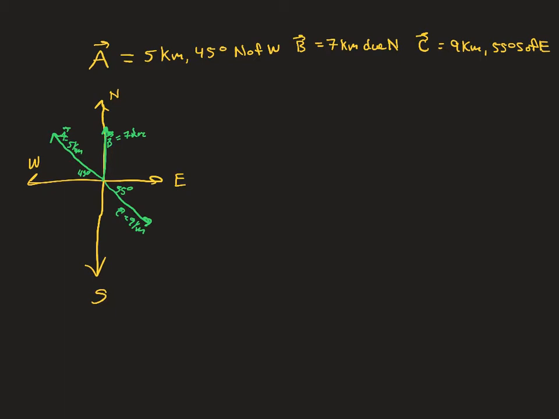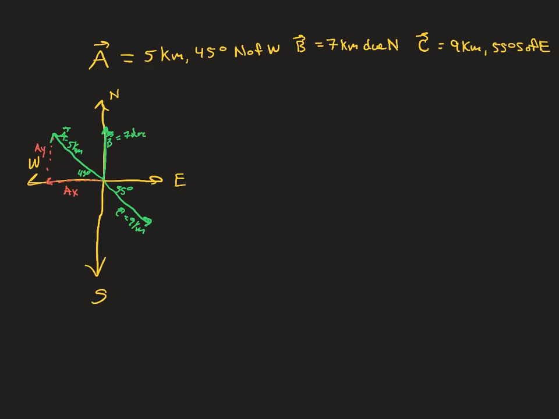Now we're going to use the right triangle trig that we learned in topic 1. So our first step here is to break our vectors down into x and y components. So since vector A is in the negative x, I'm going to draw it to the left in positive y, and I know that because I'm in quadrant 2.